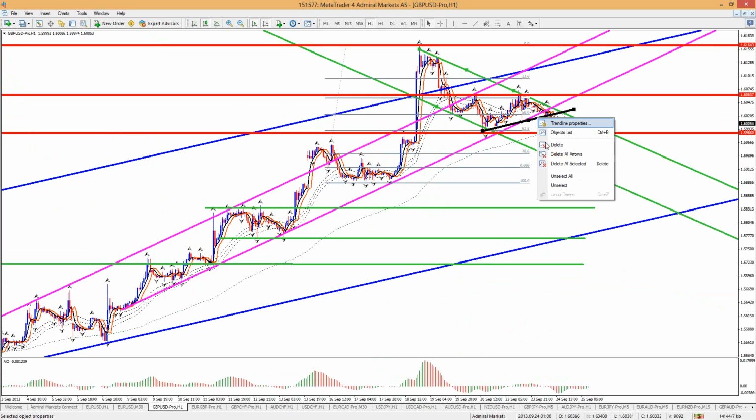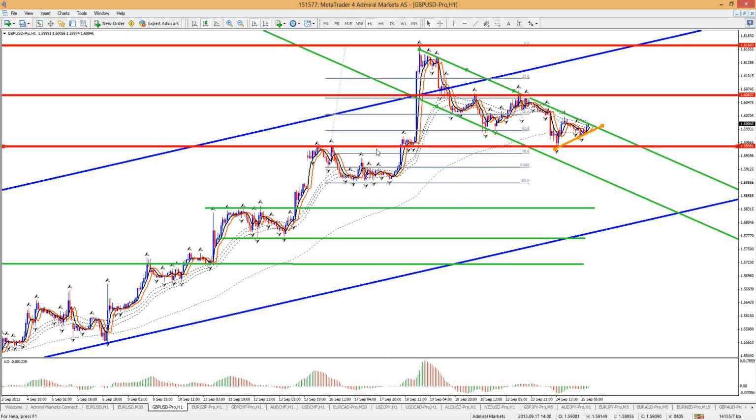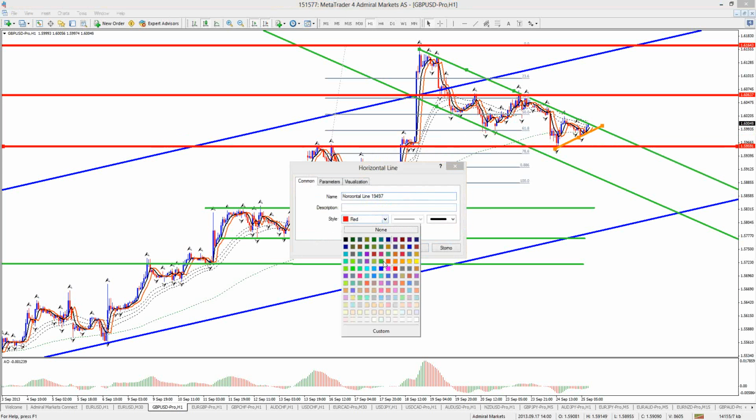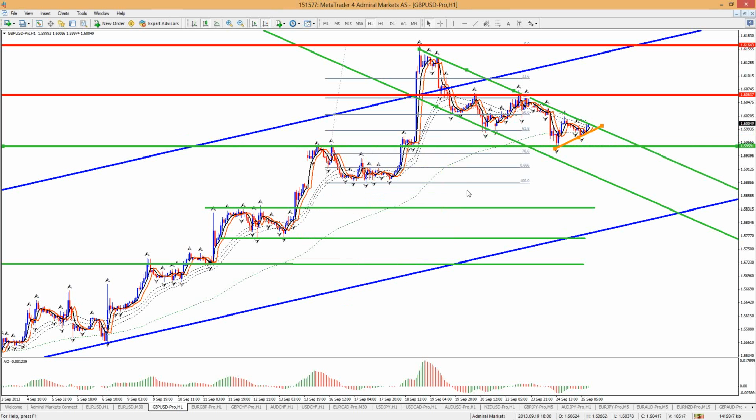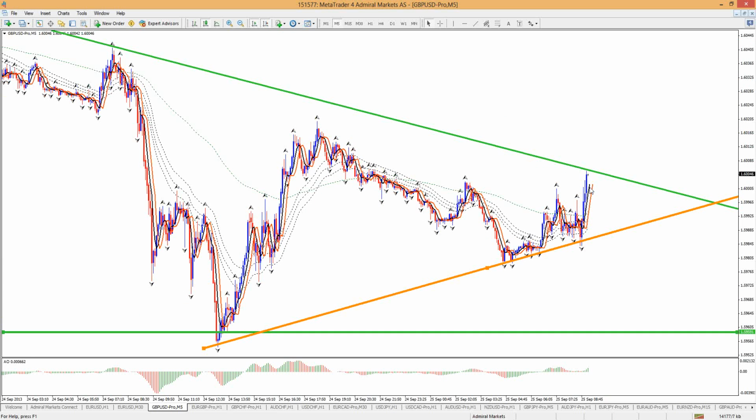Let me get rid of some of them. Okay, down to the 30 minutes. I think it's still a good trend line like that. So at the 5-minute level, we would preferably want to see a respect for that trend line. I hope for a small bull flag and then continuation, just like the euro.